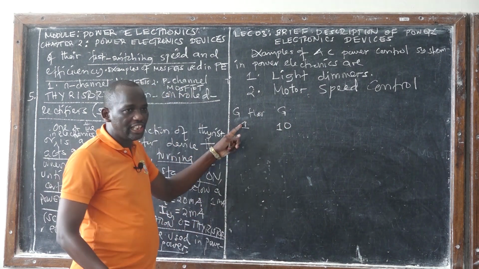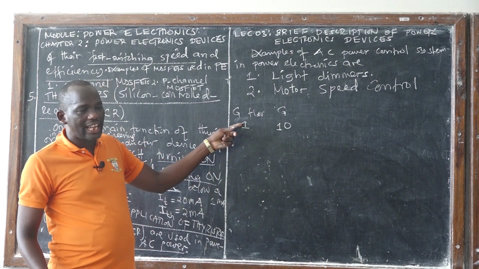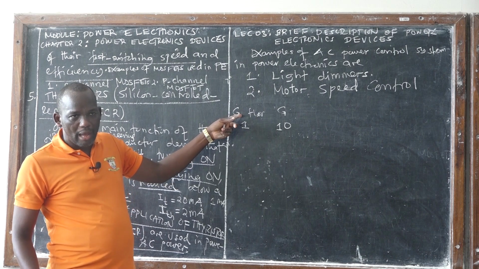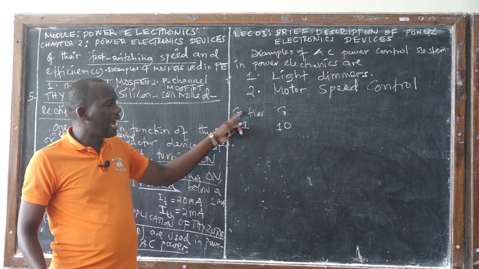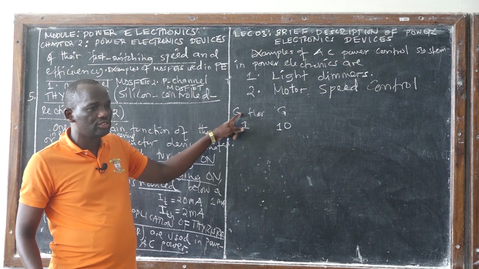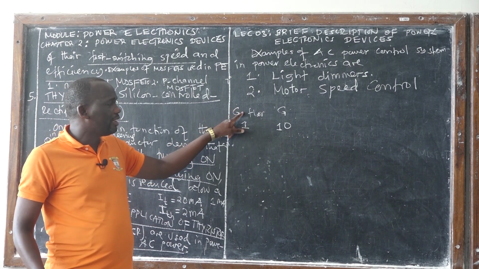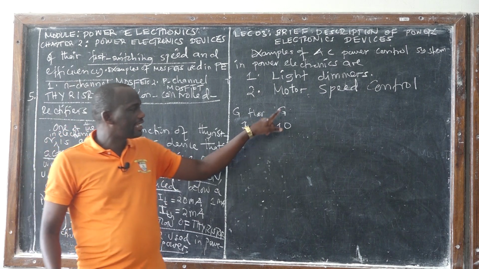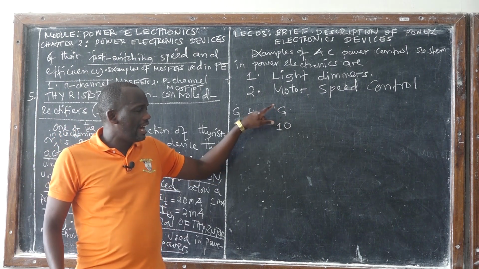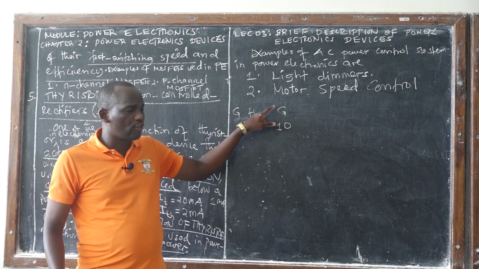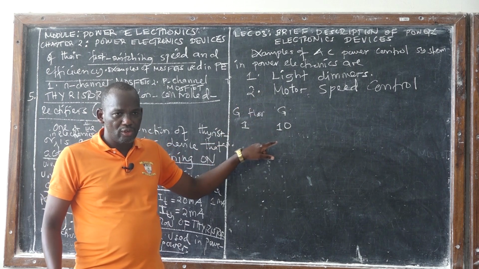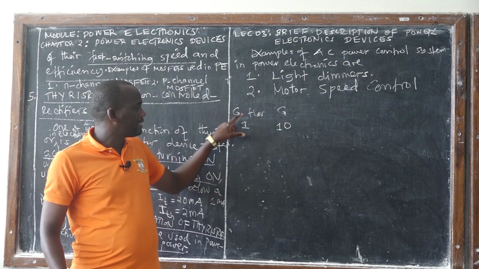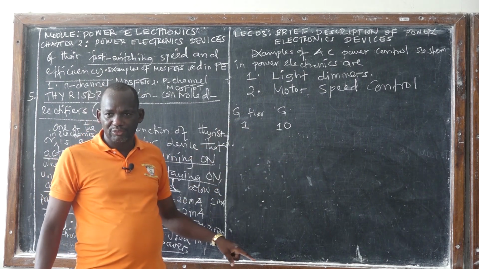For this case, the lift car, or cage, is traveling from ground floor to floor number 10, the 10th floor. Tell me the speed of the lift.